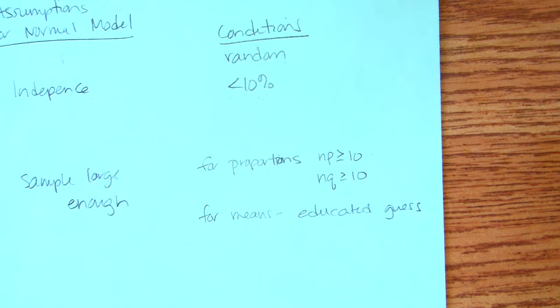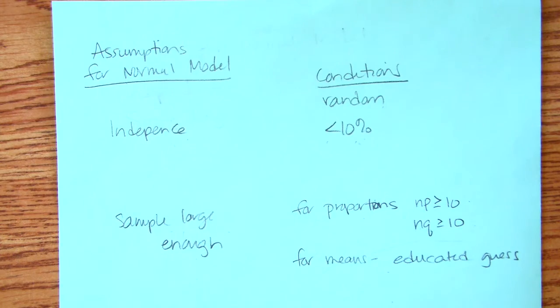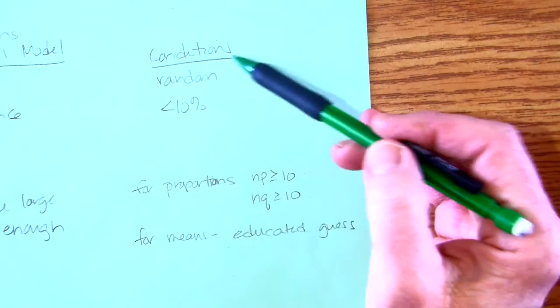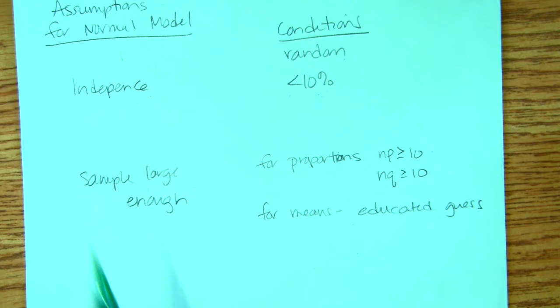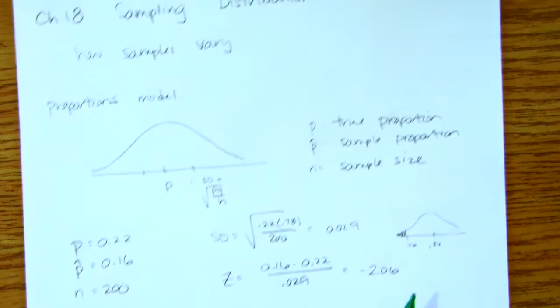The more skewed the original population, the larger you probably would want your sample size. So that's all about the assumptions. We make these assumptions, and then we can actually check conditions to rationalize our assumptions.